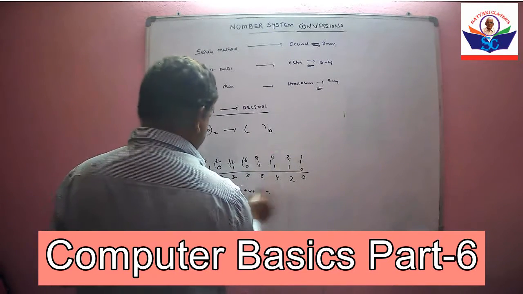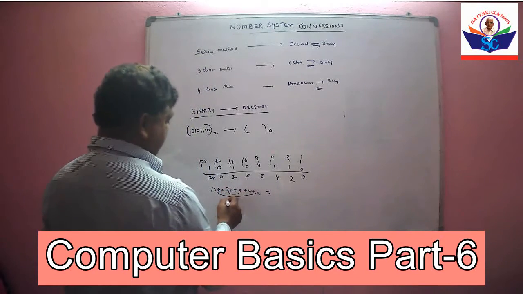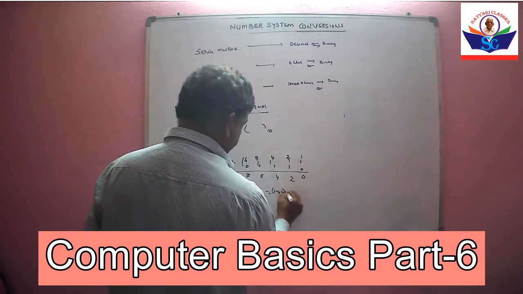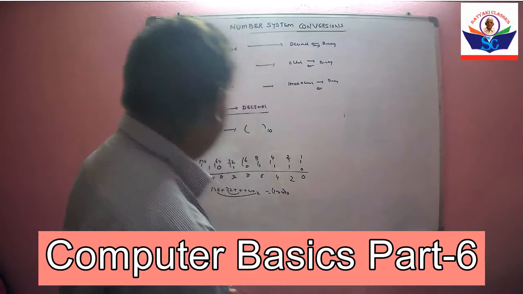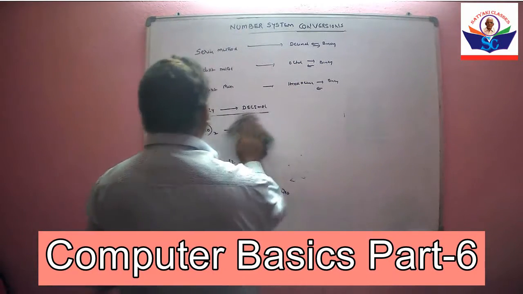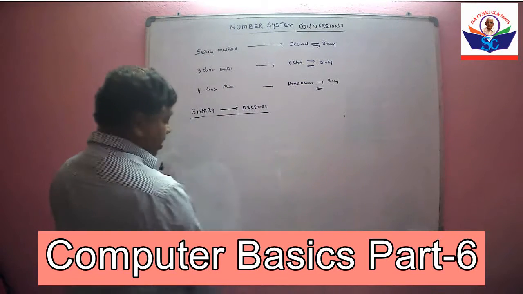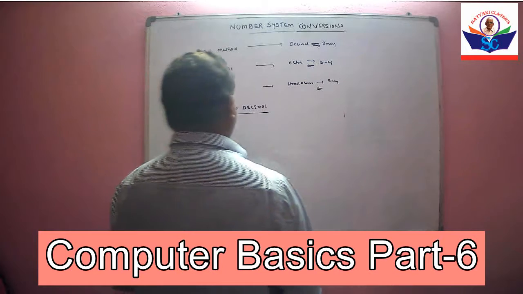So 130 plus 40, 174. 174 in decimal number. Like this, we will convert decimal to binary and binary to decimal by using the series method instead of the traditional method.